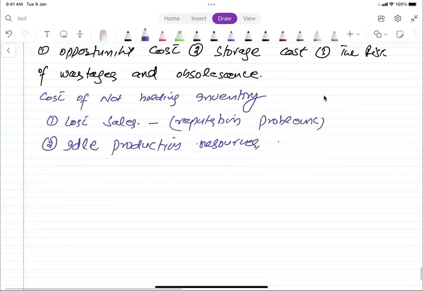Special orders may be expensive. People give you orders, and you go to the market to buy the inventory. The inventory will be very costly because you do not get bulk buying discounts. Similarly, if the supplier knows that you are in emergency need, the supplier may charge a high price.